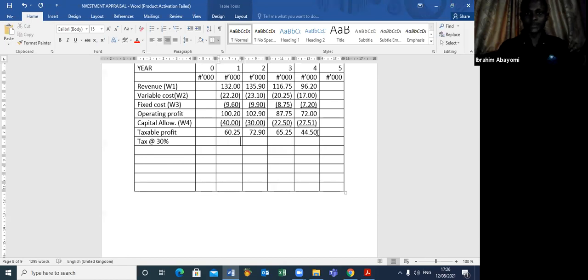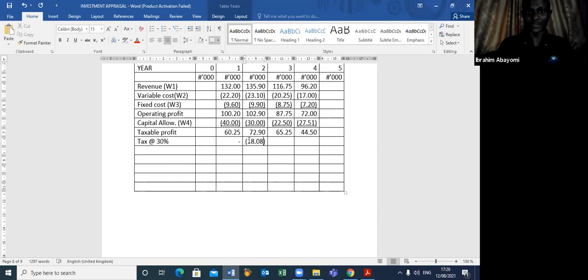Our tax is paid a year in arrears, Abi. So we have 60.25 times 0.3. That is 18.08, which will be paid in year 2. It's going to be an outflow, so it should be within brackets.